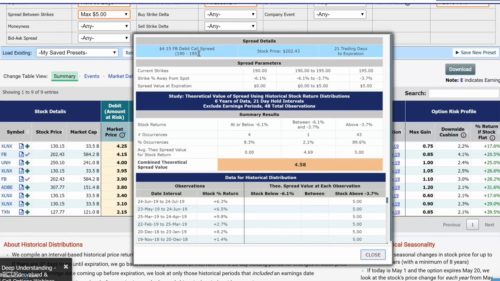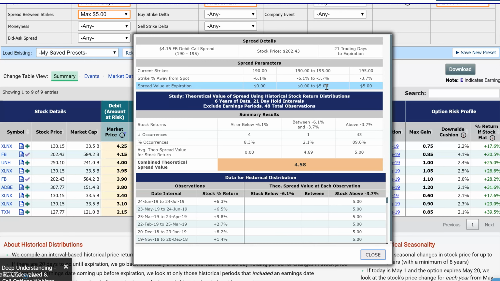If it lands anywhere in between 190 and 195, it'll be worth anywhere between $0 to $5. If the stock's 194, it'll be worth $4. If the stock's 193, it'll be worth $3. So anywhere between this band, minus 6.1% to negative 3.7%, it'll be worth anywhere between $0 to $5.